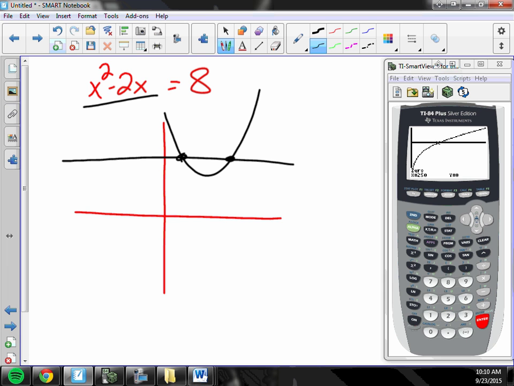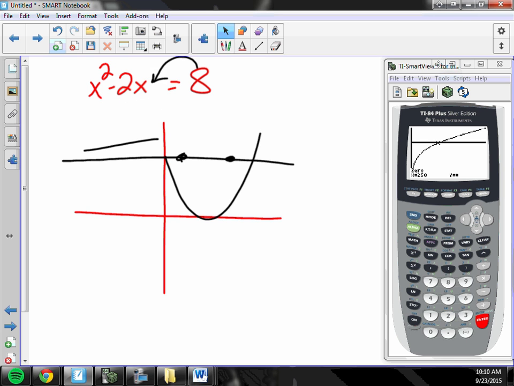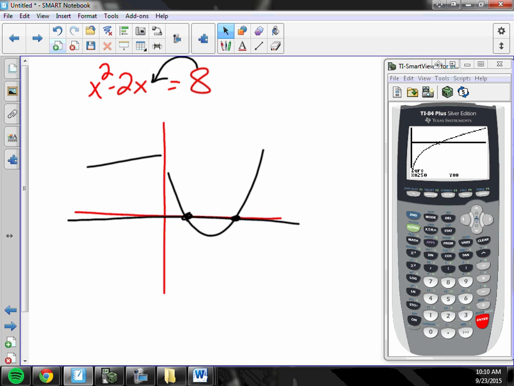Well, what happens when I subtract 8 over here? What does that do to the parabola? Moves it down 8, and now those roots become, they happen to hit in the same place that that line hits 8. Okay? All right. Good luck.